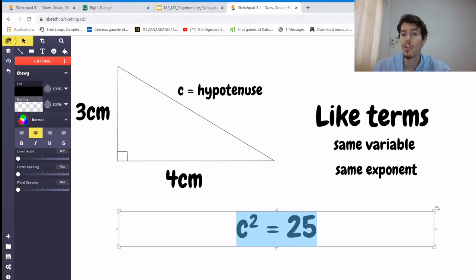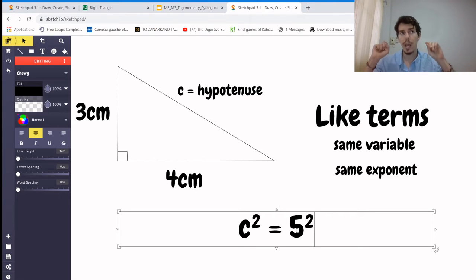And I'm sure everybody knows that 25 is 5 times 5. In other words, 25 is 5 squared. So when you write things like this, here we have two sides, equal in the middle, two terms. Each side has only one term, and this term is squared.